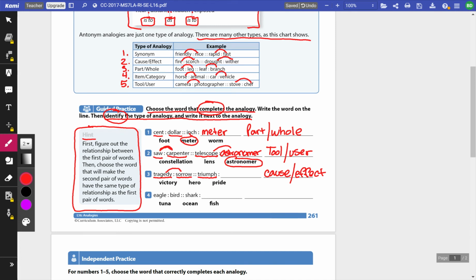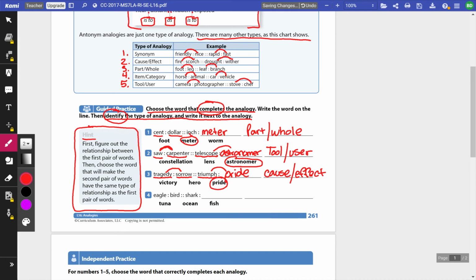So if something bad happens, you'll feel sad. That's cause and effect. So the second part of our analogy, triumph is to blank. If you are triumphant, it means that you probably have won something. So if you won something, you might feel pride. So pride is your correct answer.